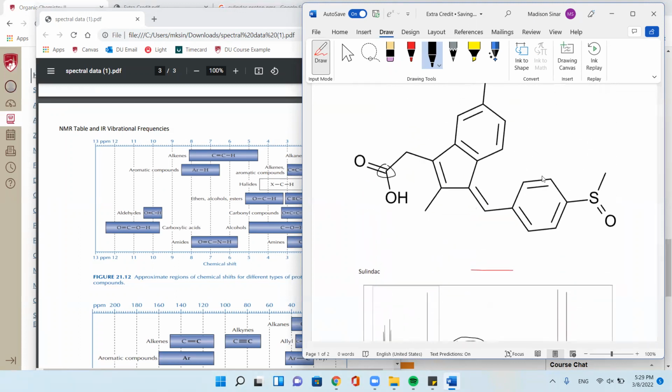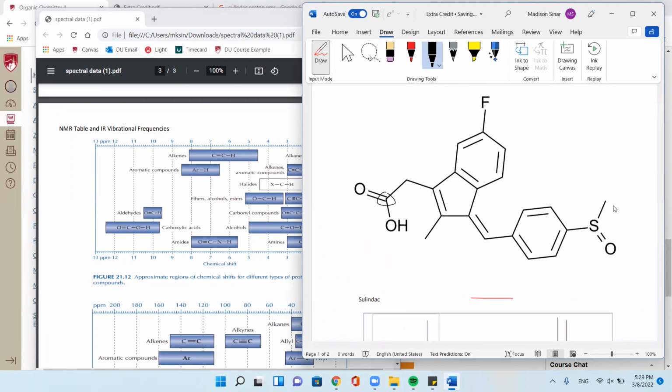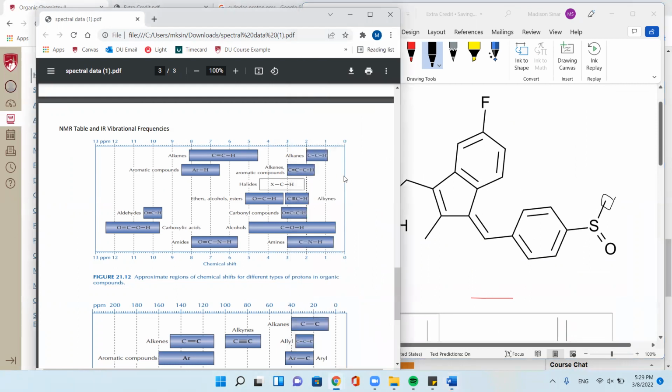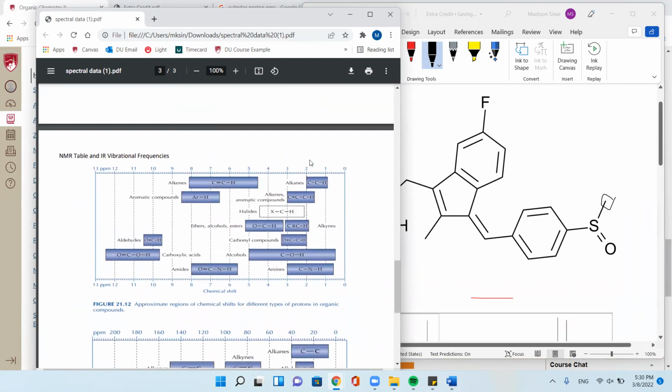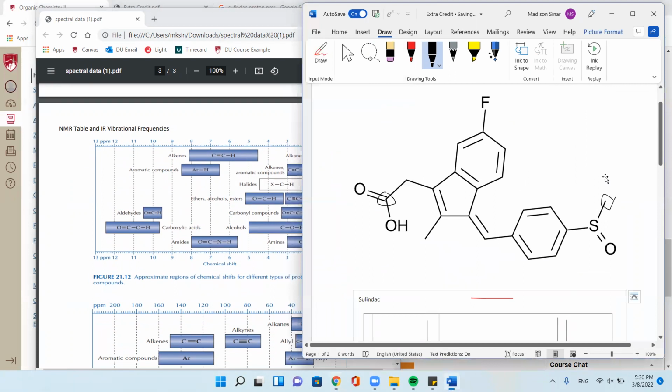All right, so one of our other major groups up here is this methyl group. Usually we see methyls around 1 to 2-ish, you can see over here on our chart. Usually you're provided with the spectral data, so it's okay that we're using this while looking at our molecules.